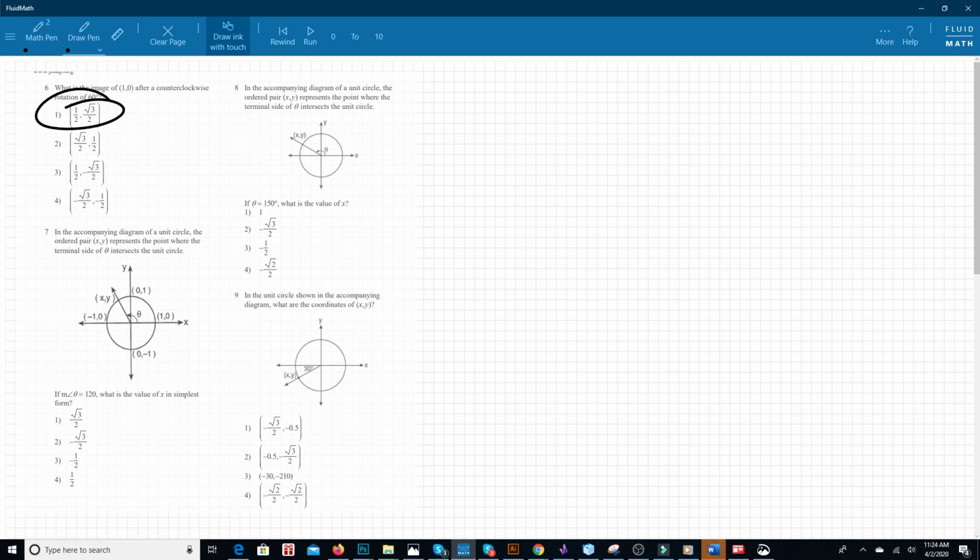So then if we look at the next question, in the accompanying diagram of a unit circle, the ordered pair (x, y) represents the point where the terminal side of theta intersects the unit circle.